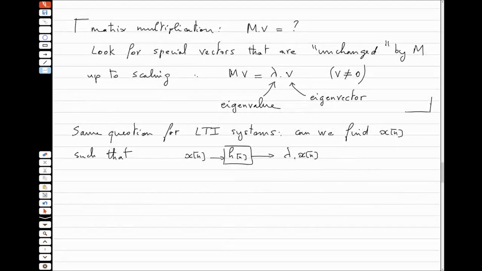If you can find such a sequence, then knowing what lambda is is also going to be very informative. For example, suppose lambda is equal to 2.